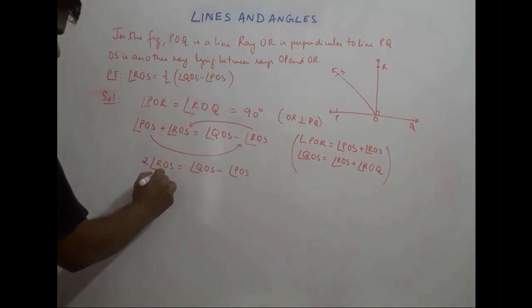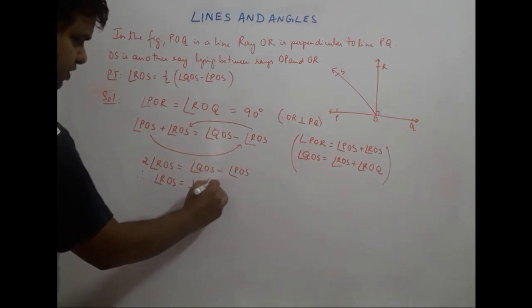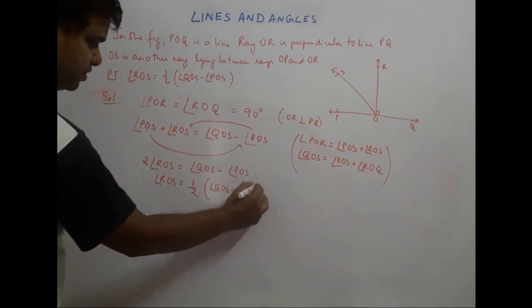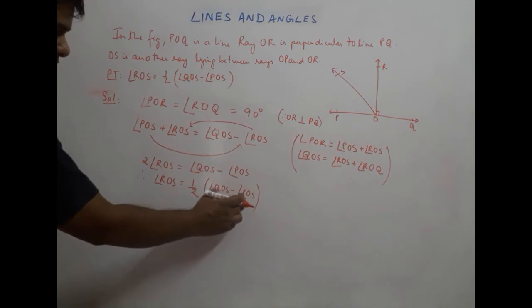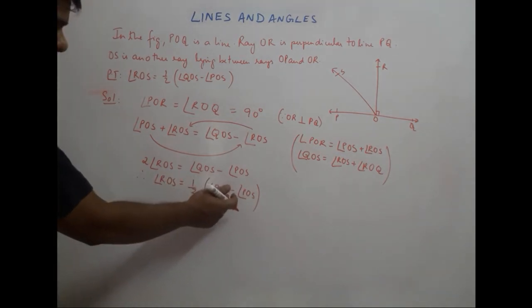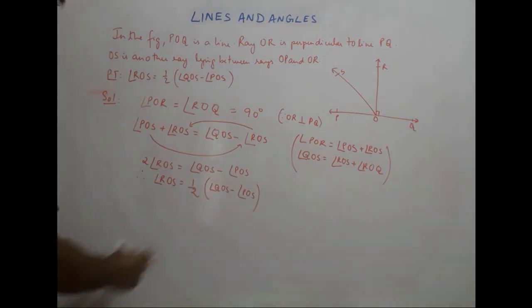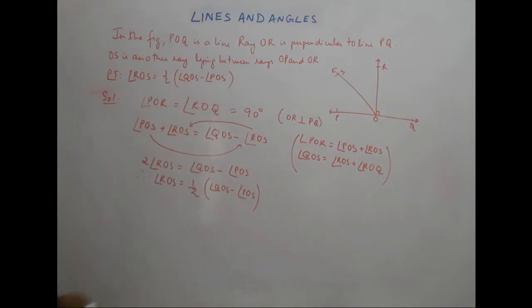Therefore angle ROS is equal to half of angle QOS minus angle POS, because the whole thing is divided by 2. So this is what we had to prove: angle ROS equals half of QOS minus POS.